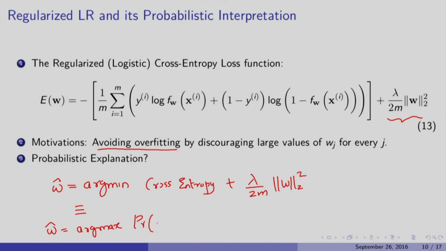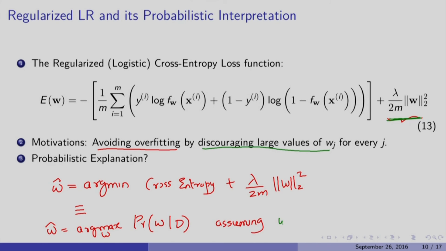for logistic regression, which is nothing but the W hat that maximizes the posterior of W given the data. But this is assuming a prior on W, and the prior is again to discourage extremely large values of Wj, and that amounts to the following.